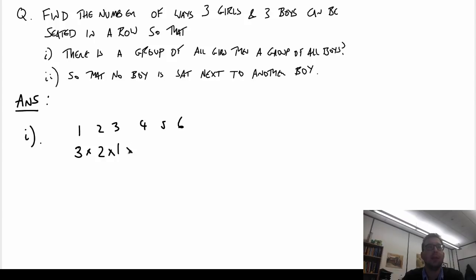Then we go to the 4th position. Now we've got to have a boy, because we've finished all the girls. There are 3 that can go here, then 2 here, and then 1. So essentially we've got 6 times 6, which is 36 ways of organising, so there's a group of all girls and a group of all boys.